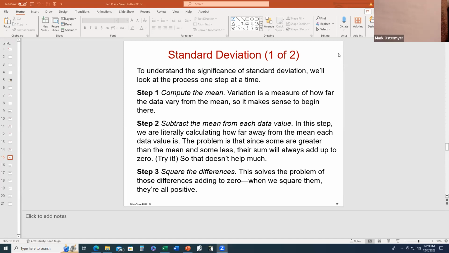And that's why we undertake these steps in this particular order. Notice the variance is always going to be positive since you're squaring differences, and the standard deviation will always be positive too. Never will a variance or standard deviation be negative.